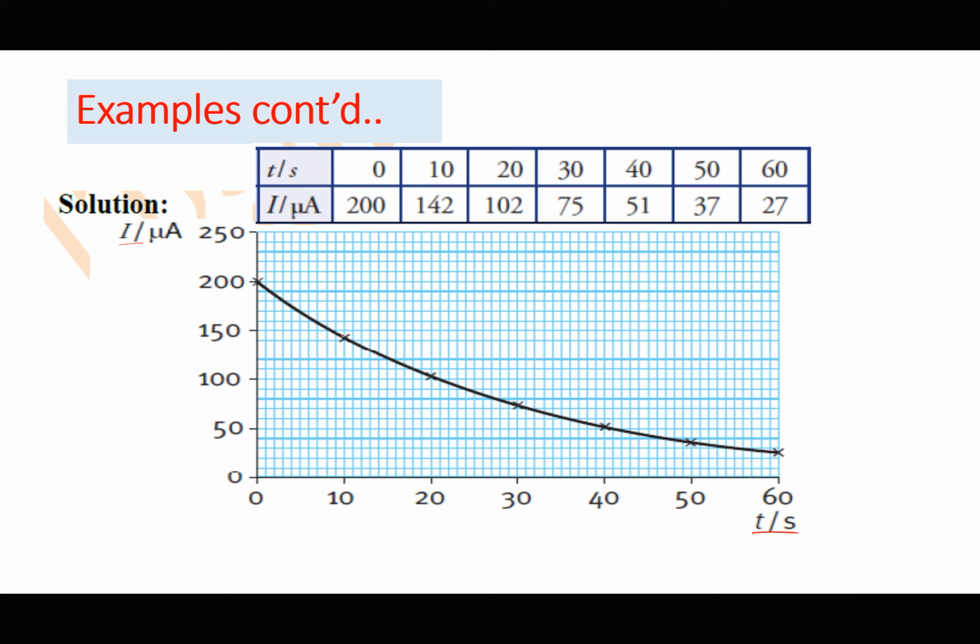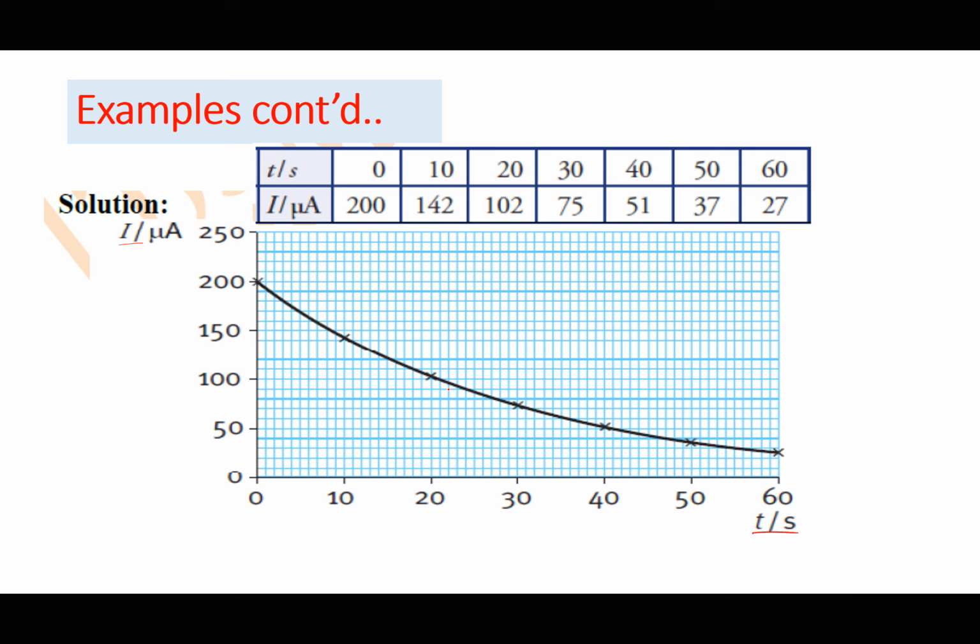It's kind of exponential. At t equals 0, the current was 200. At t equals 10, the current is 142. Of course, the scale on the vertical that I used, you can plot the graph yourselves. The scale on the vertical I used is one small square representing 10.